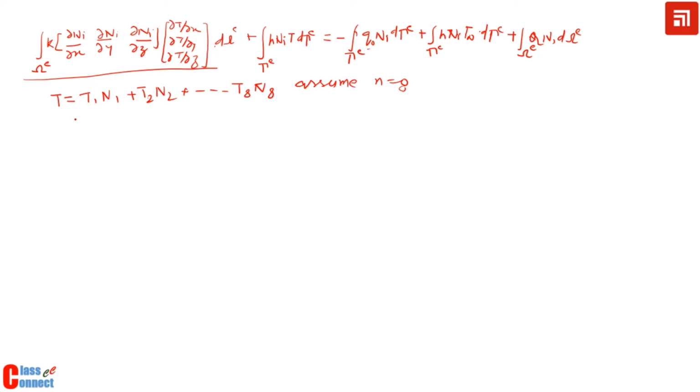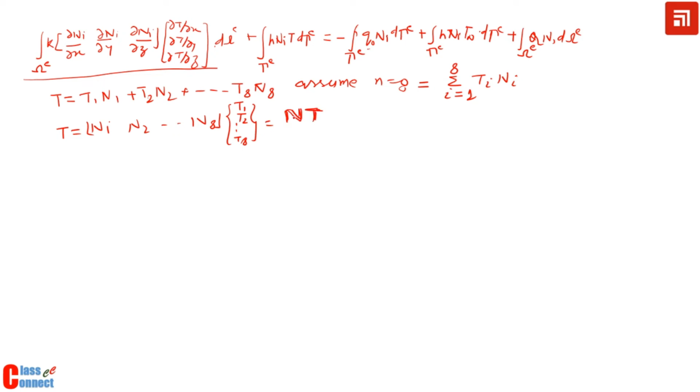I can further write down this T in summation form from I is equal to 1 to n, Ni and Ti, and I can write this in this form, that is n1 and n2 up to n8, T1 T2 up to T8, or in matrix form we can directly write down this as N into T.